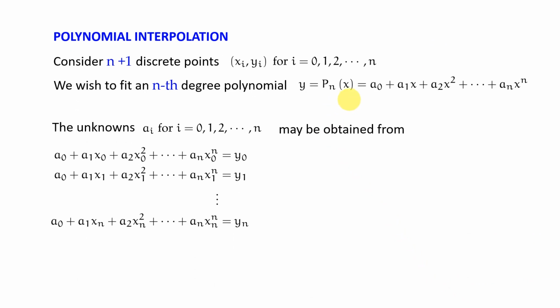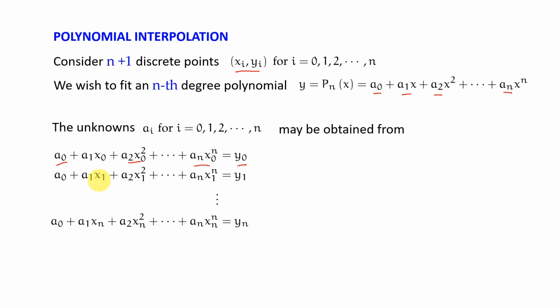Now to generate this polynomial y equals Pn(x), we must know these constants a0, a1, a2, etc. up to an. So I have these n plus 1 constants, and I know that this polynomial will pass through these n plus 1 points (xi, yi) exactly, which means that I can write a0 plus a1 x0 plus a2 x0 square up to an x0^n equals y0.